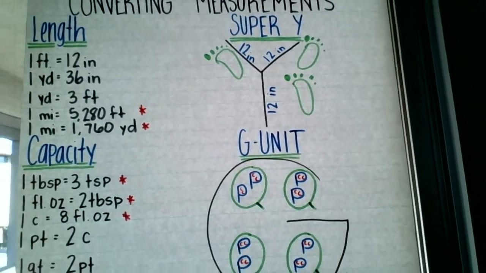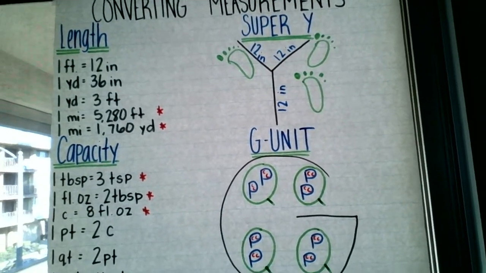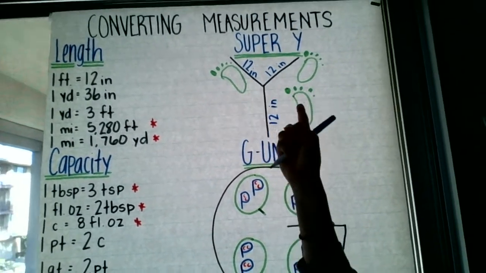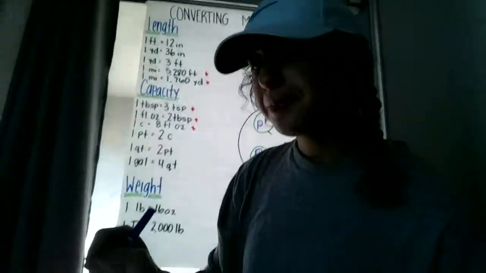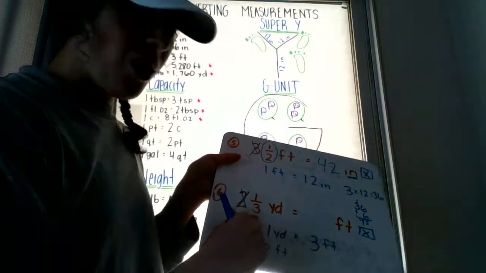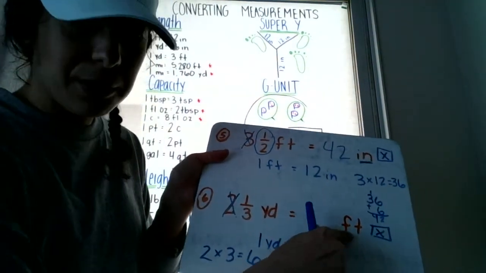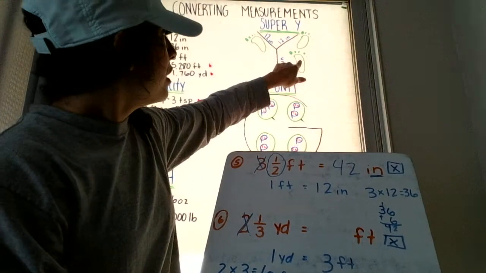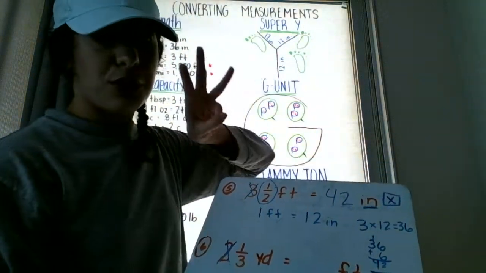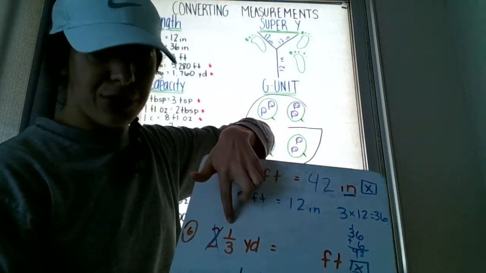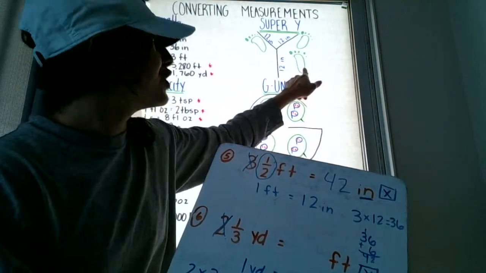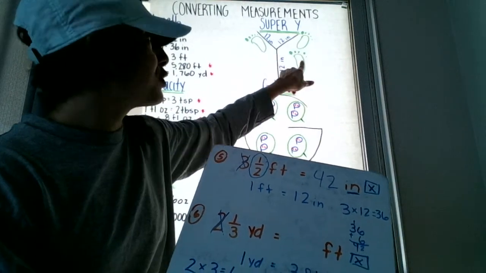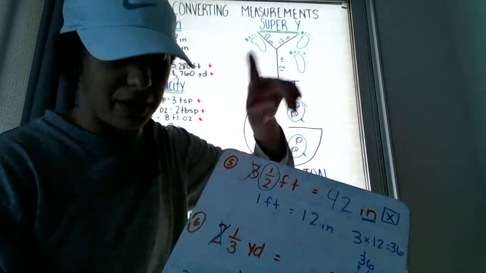So if I cut my yard into parts for feet, I'm going to cut it into 3 parts. Okay? Remember, my problem is 1/3 of a yard, and I'm talking about feet. So if I were looking at my feet, it's cut into 3 parts, and I want 1/3 of that. How many feet would that be? Just 1.